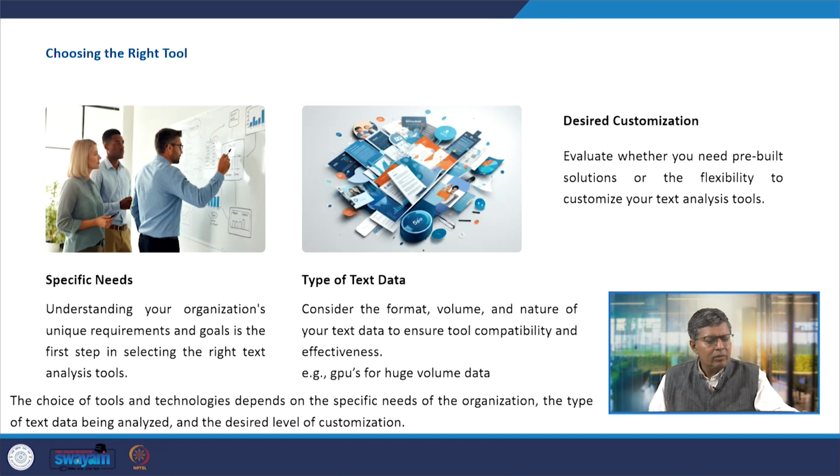Now, the most important thing when you talk about text analysis is choosing the right tool, right. For example, as we are talking about data analysis processes, once you have collected the data, then what is the right tool? So, you have to understand that. Choosing the right tool is a very important task in any research. It can depend on various issues. For example, your choice of tool may depend on your specific need.